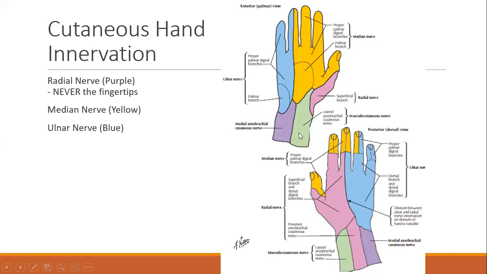That was number one. Number two, when it comes to splitting cutaneous innervation in the palm, the split is down the ring finger between your median nerve and your ulnar nerve.